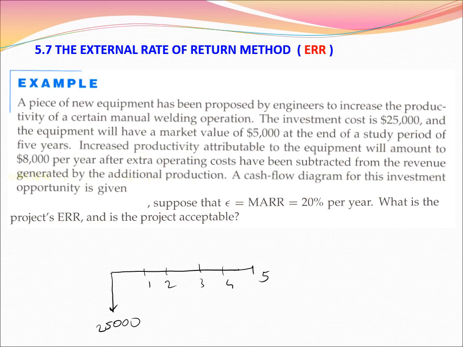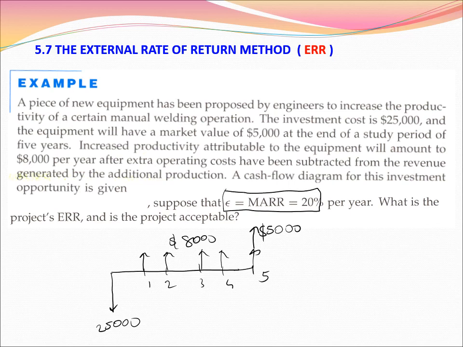At the end of each year, we have an increased productivity which accounts for $8,000. And at the end of the 5th year, the market value of the new equipment is $5,000. The external rate is given as the MARR, which is 20%. So what is the external rate of return of this project?